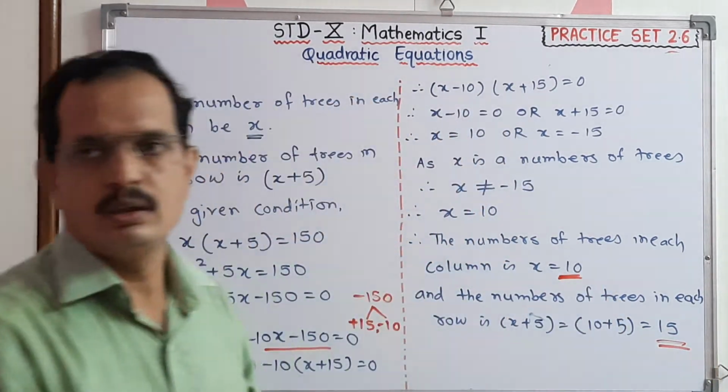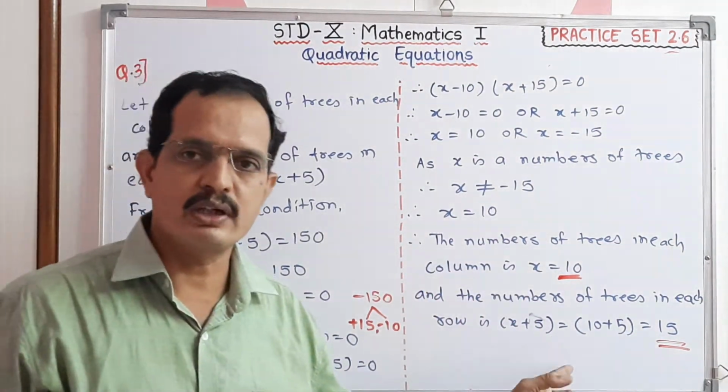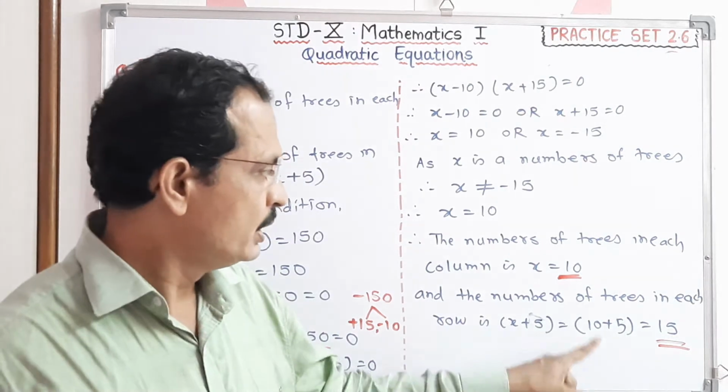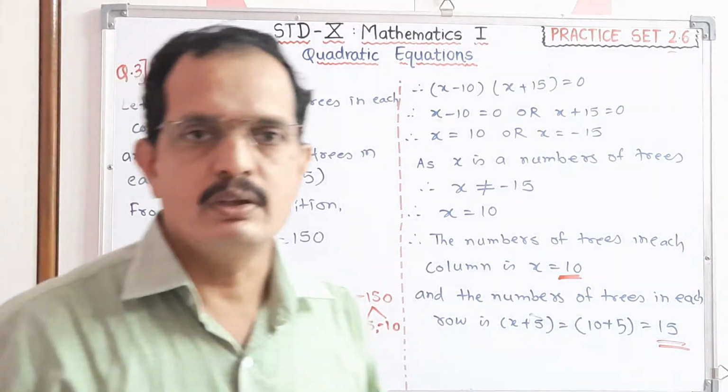Therefore we got the number of trees in each row and each column. Let's start with the fourth sum.